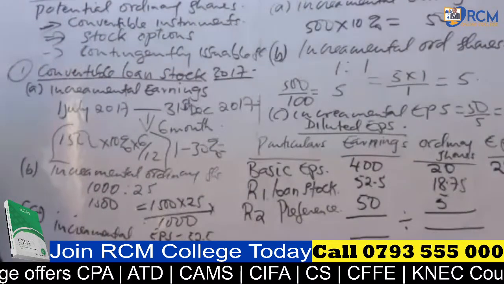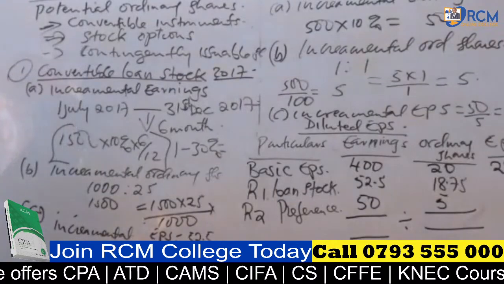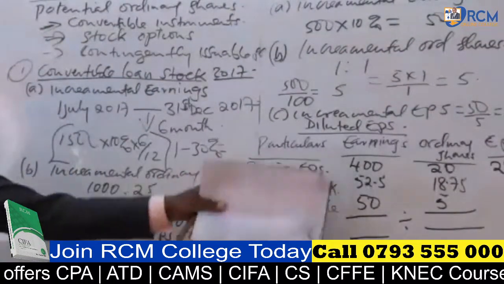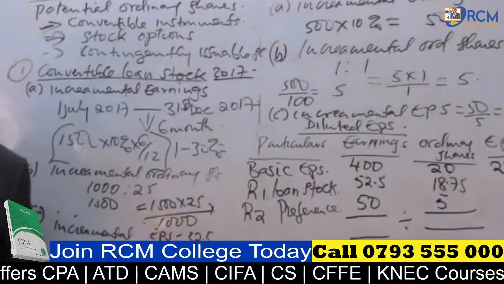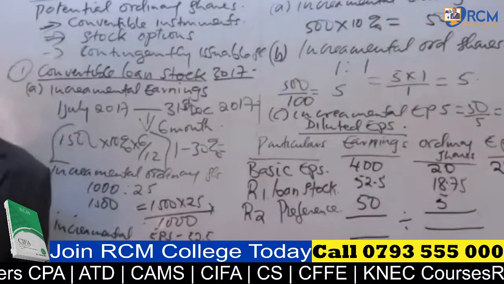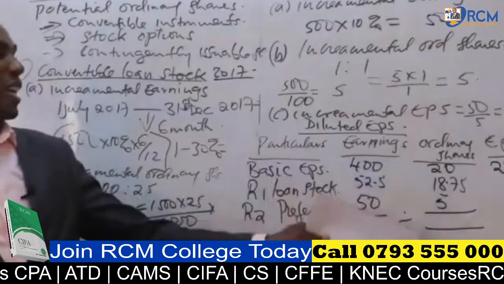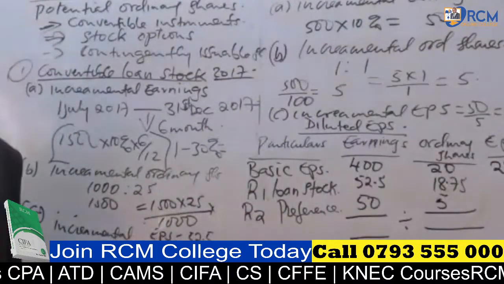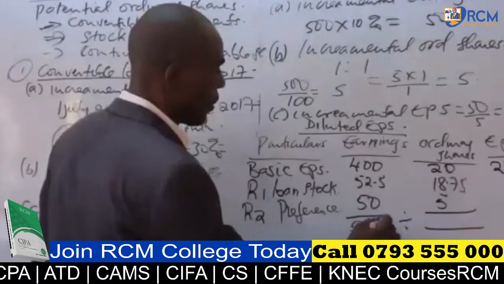We are taking the earnings from basic, which was 400 in 2017. We add the saving on interest we are getting this year. Then we add also the preference dividend we are saving. Then we convert, we add the shares there. What is our total here? Our total here is 542.5.